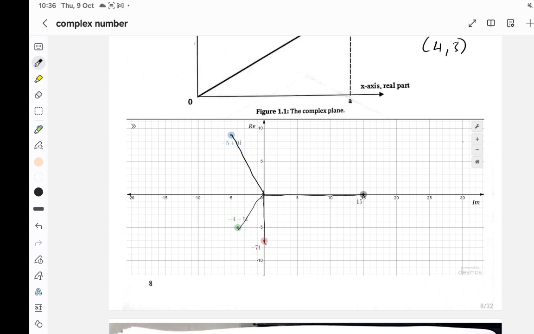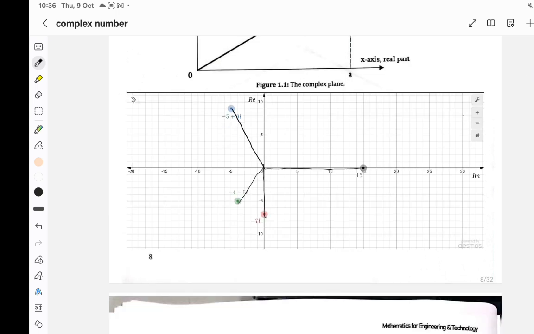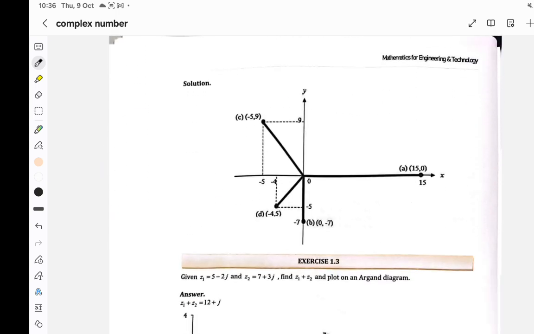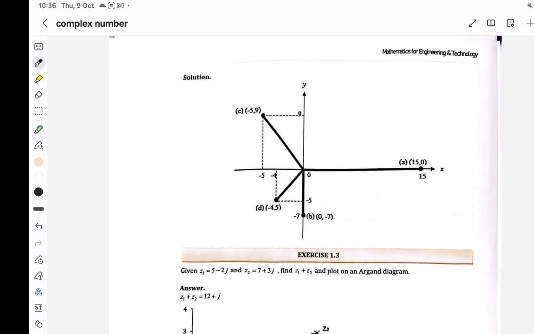So these are the 4 lines. Notice how these points and lines match the one in our textbook diagram. Each complex number corresponds to a unique point on the Argand diagram.